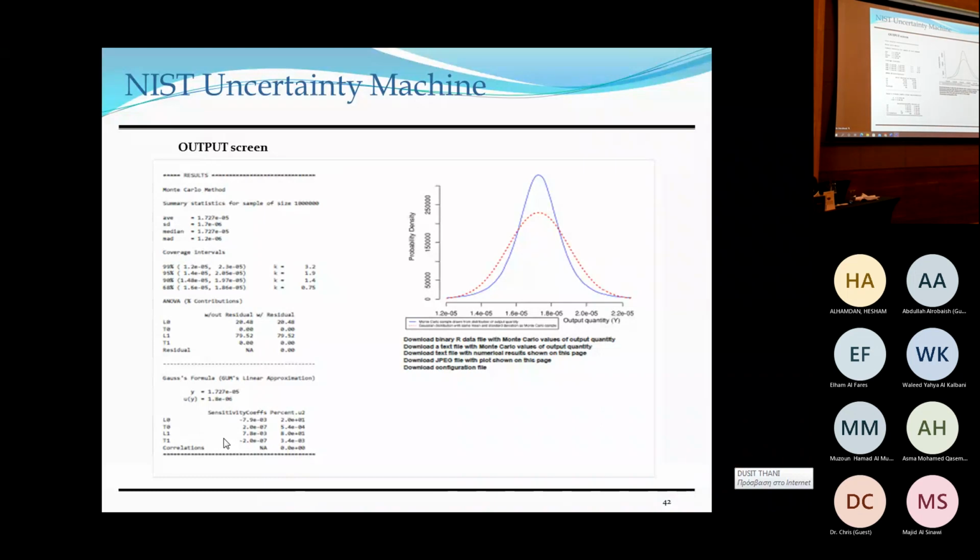So it compares the Monte Carlo output probability density function with the Gaussian or t-student probability function as calculated from the regular mainstream GUM. Now, it also gives you the possibility to download the data and download the input configuration, so the data that you input, as well as the output screen. So you can download it as a text file, and you can use it in Excel or whatever you might want to use it.